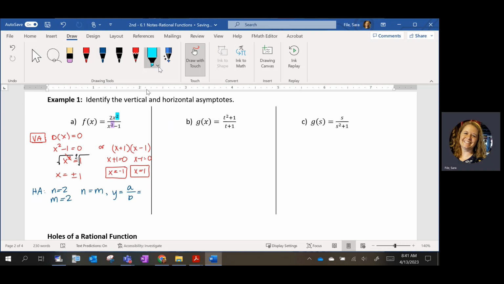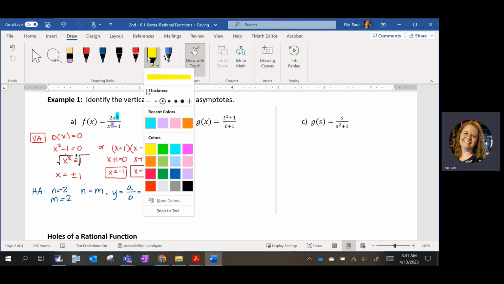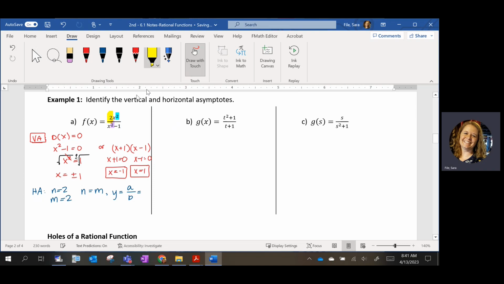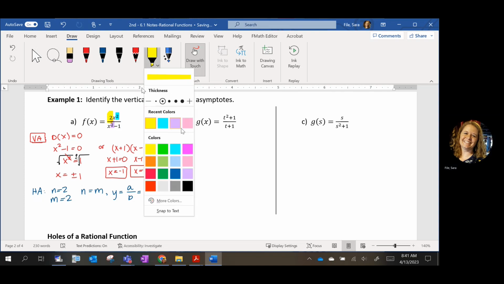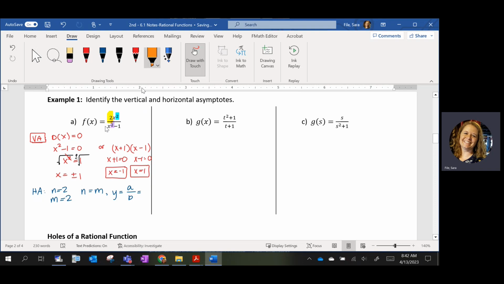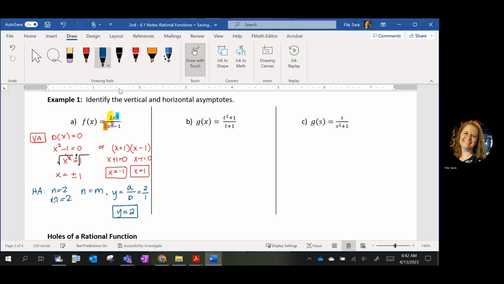So in this case, now we need to identify those as well. So a is the leading coefficient 2. And b, what's this understood leading coefficient if nothing's there? It's an understood 1. So this is 2 over 1, which is just what? So y equals 2. Remember, we write it as an equation, is my horizontal asymptote.